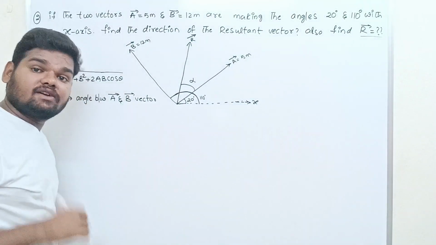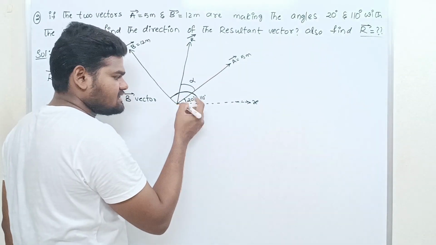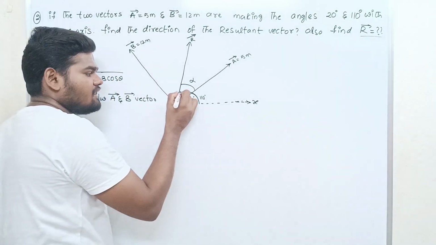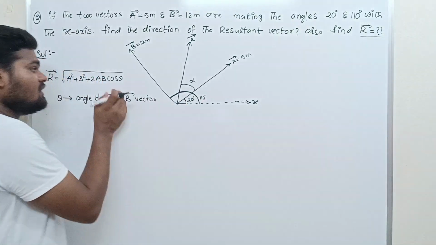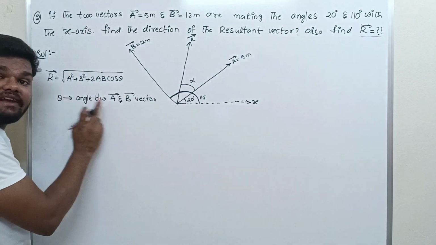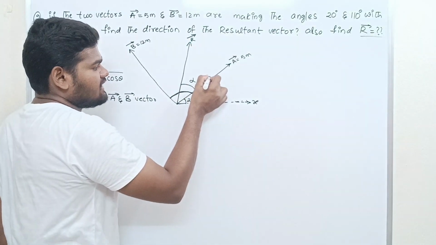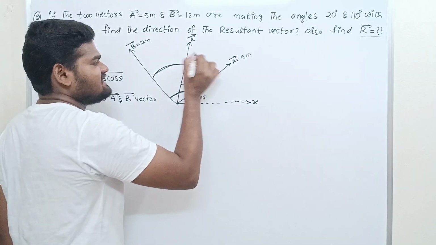According to the given question, the angle between the A bar vector and the x-axis is 20 degrees. The angle between the B bar vector and the x-axis is 110 degrees. What is theta here? Theta is the angle between the A bar and B bar vectors. So this is the A bar vector and this is the B bar vector, and this is the angle theta.